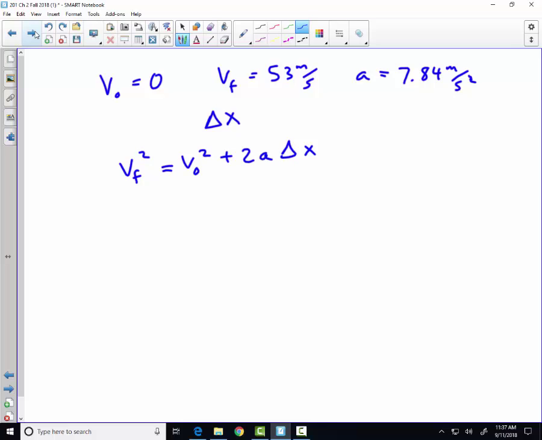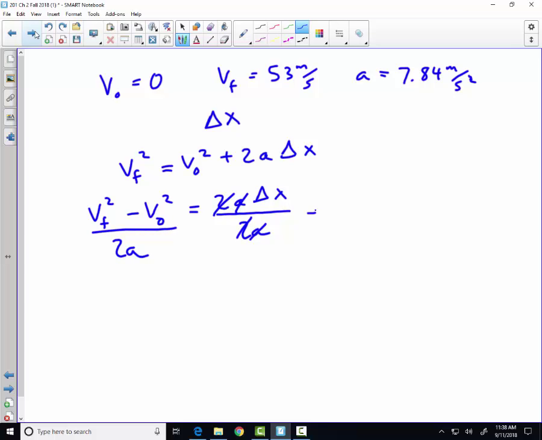Okay, solving for delta x. So I need to manipulate the equation first. So V final squared minus V initial squared equals 2a times delta x. I've got to get rid of the 2a, so divide both sides by 2a.